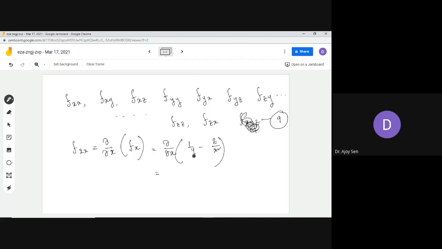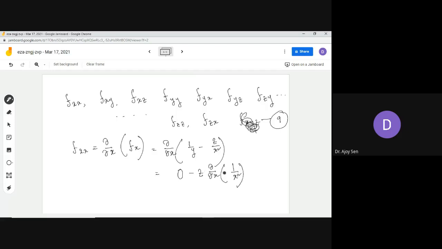So its partial derivative with respect to x will give you 0, and for the partial derivative of this term, the z will come out, and you have to do the partial derivative of this thing.